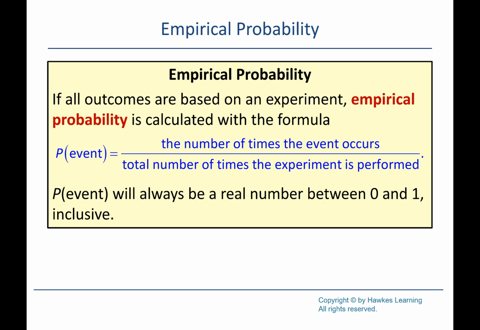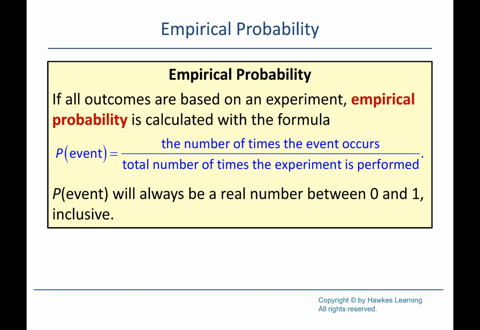With empirical probability, we don't necessarily have a number for the total possible outcomes. So this comes up with like, maybe we're giving a survey to people, right? We're taking a poll.